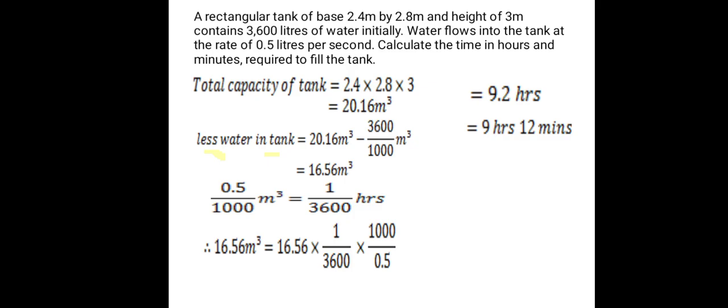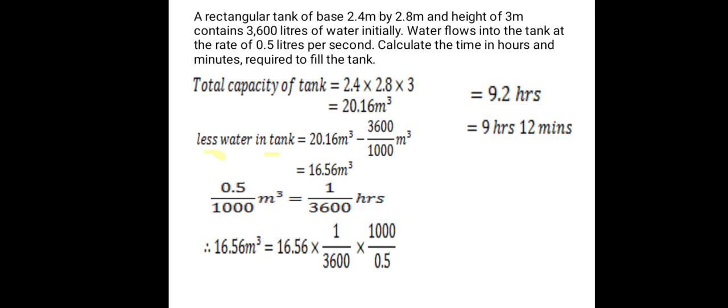Now we convert this 0.5 into cubic meter by dividing by 1,000, and this second we convert it into hours by dividing it by 3,600. So here we shall say 0.5 over 1,000 cubic meters is received by the tank in 1 over 3,600 hours.